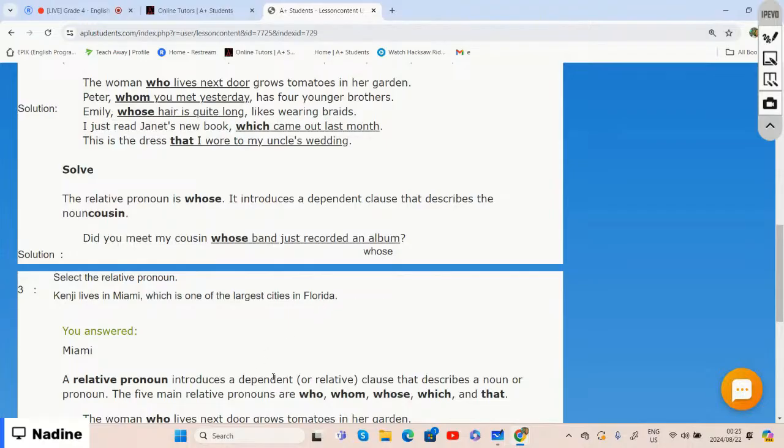All right, we need to select the relative pronoun. And remember, the relative pronouns are the words who, whom, whose, which, and that, right?